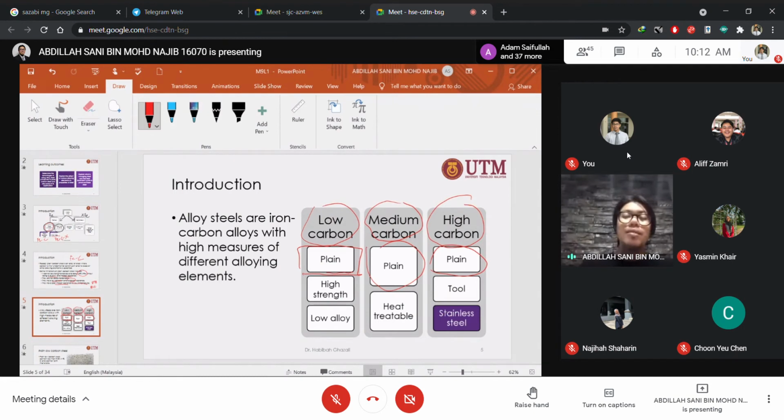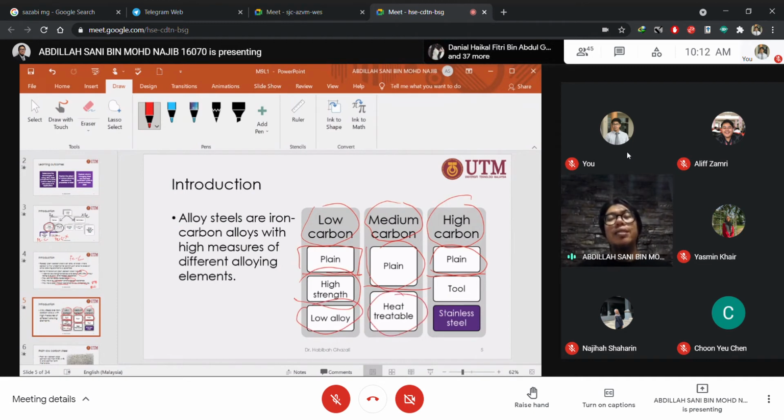Apart from this plain carbon steel, if we add some element, it will result in a different class or category of steel. This is what is traditionally acknowledged.